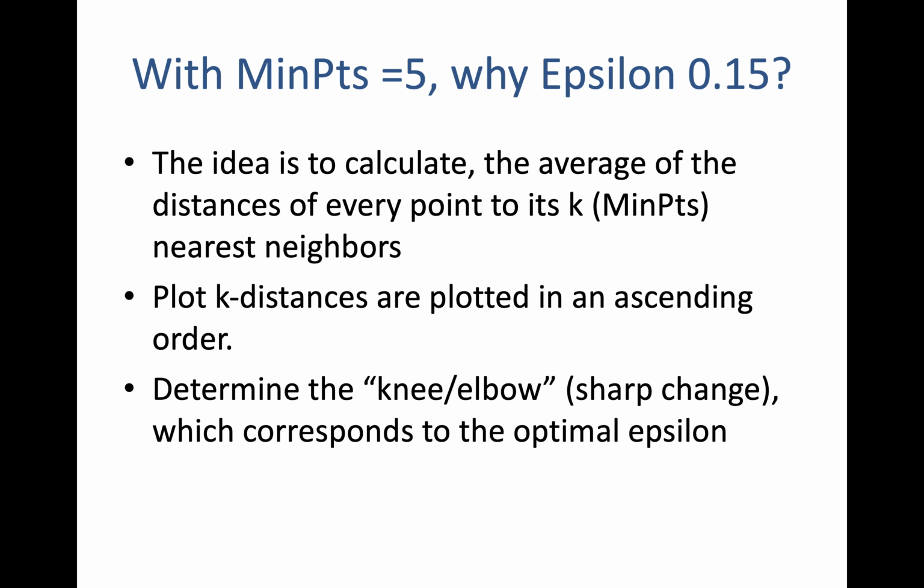So again, given any point, look at the k nearest neighbors and compute the average distance across all points in your data set, okay? Then we plot those k distances in ascending order. And we look exactly at that sharp change, that elbow, sometimes also called a knee. And that's going to be the optimal epsilon value.